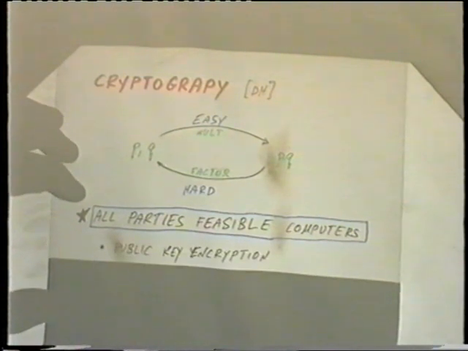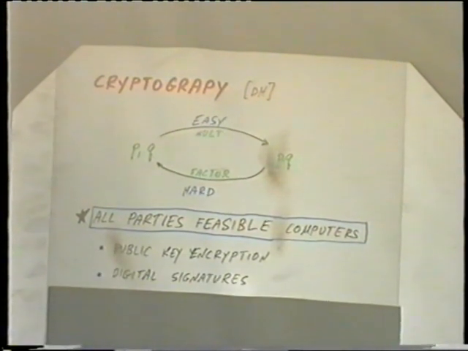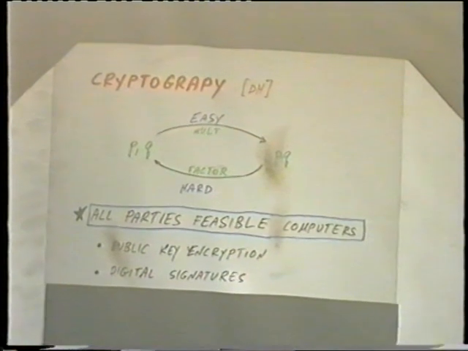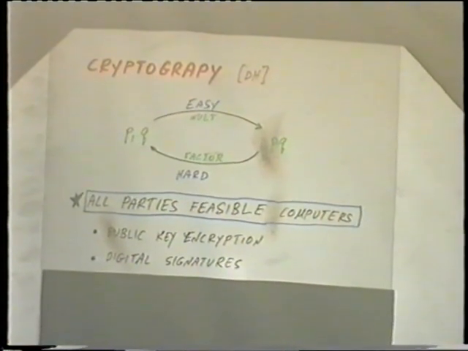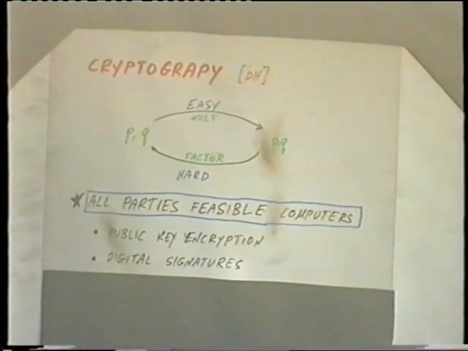Now, the basic two problems that always interested cryptographers for more than two millennia, probably around three, people have been working on these things, is how to, mainly the first one, how to encrypt messages, how to hide information from other people. And another one is signature or authentication.